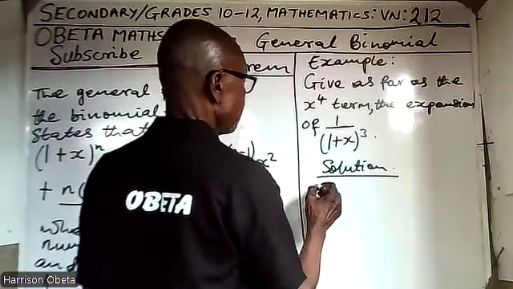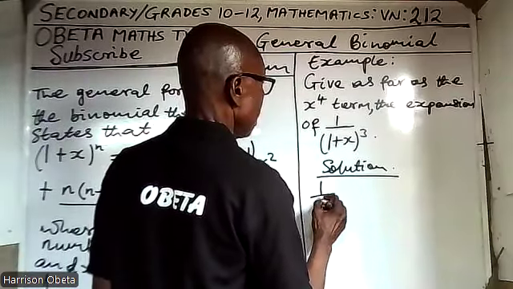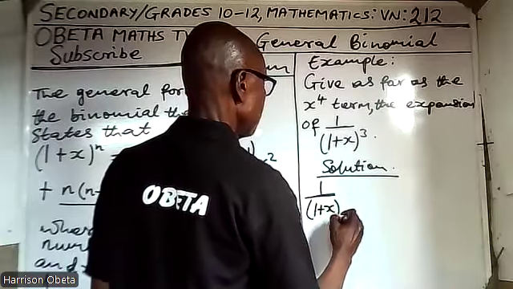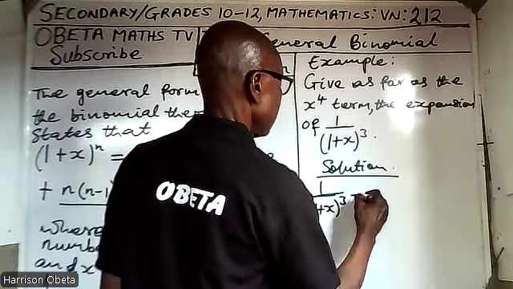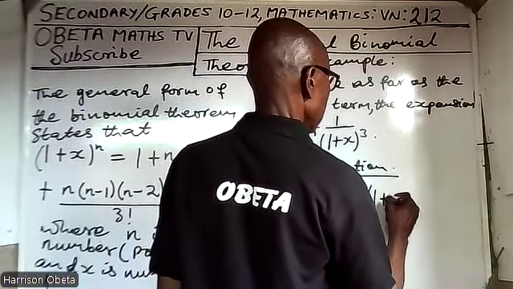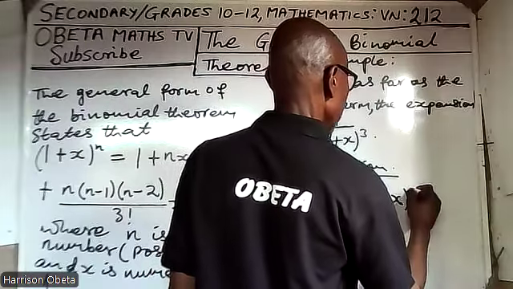Now, this can be expressed as 1 over (1 + x)^3, which can be expressed as (1 + x) raised to power minus 3.